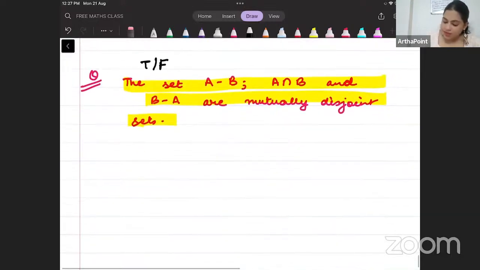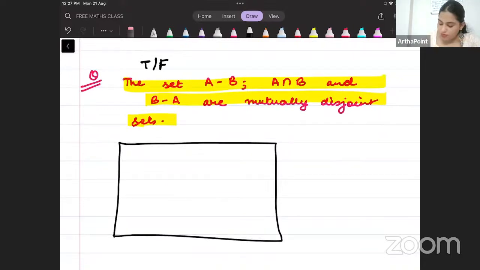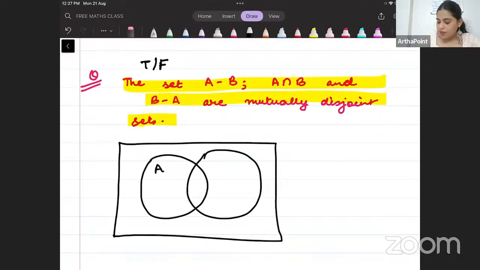Let's see this better. So I am going to make this. This is A and this is my B. Okay, beta. What will be A minus B? From A, you remove all the elements of B. So you will be left with A without the B part. This is A minus B. Beta, what is A intersection B?